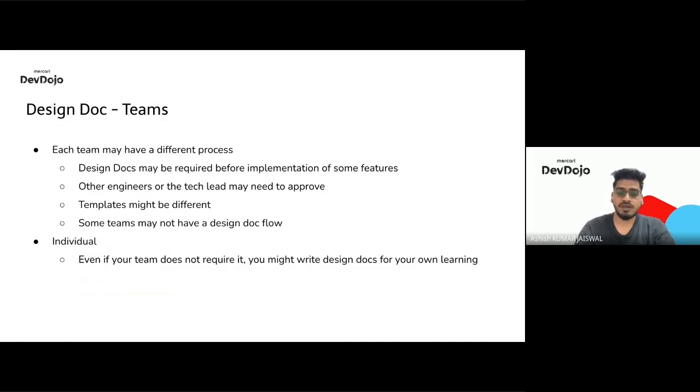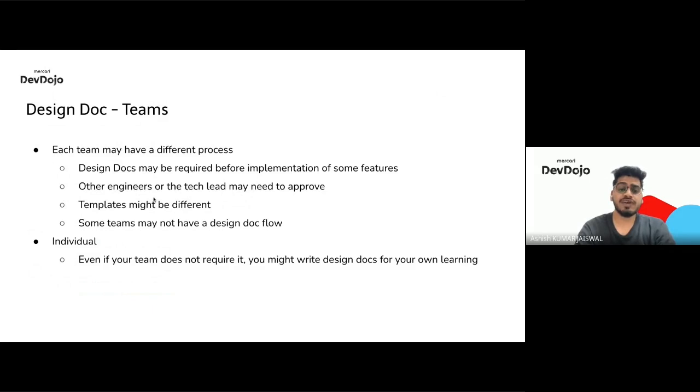After writing the design doc, the other engineers or the tech lead may need to approve. And sometimes when you have a feature which involves some other team's domain, you also need to get approval from those other teams, like cross-team members.